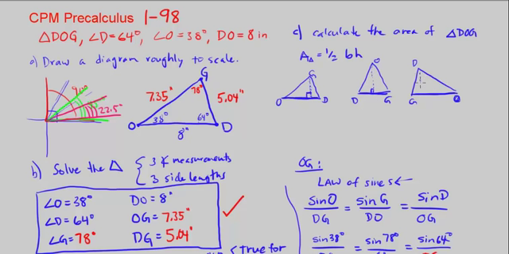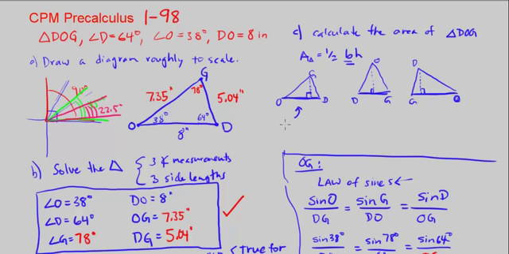So the height is different depending on which side you're using as the base. I just want to make sure we are clear with that. You can calculate it using any of these as the base as long as you're using the corresponding height of that triangle. These are all the same triangle, but the height changes if you change the base. So let's look at the triangle in this dimension just because.